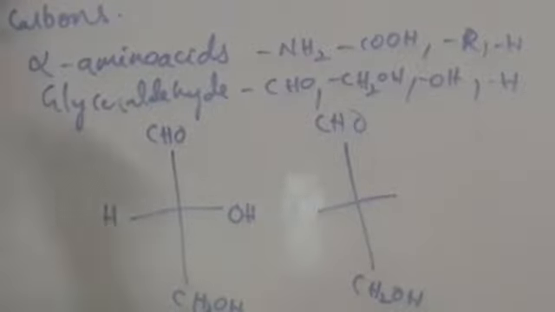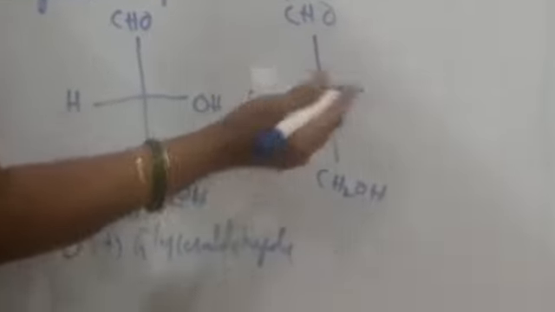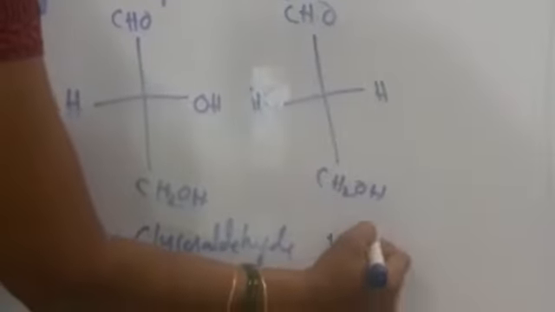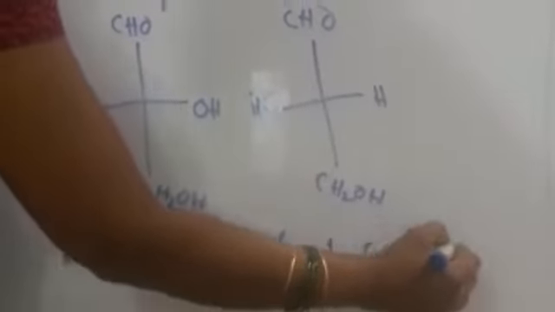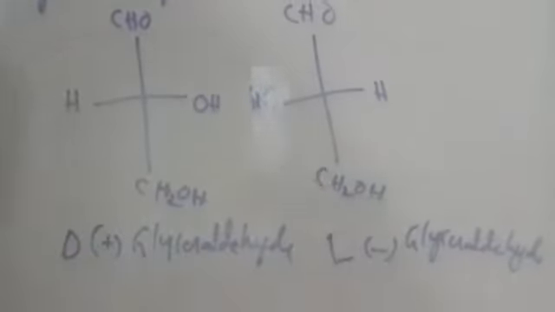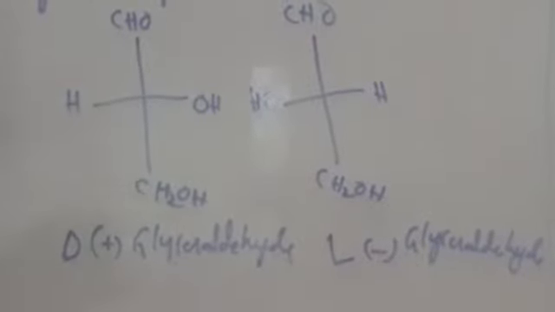Then if the OH group is present at the left hand side, we can give L minus glyceraldehyde. D and L notation.